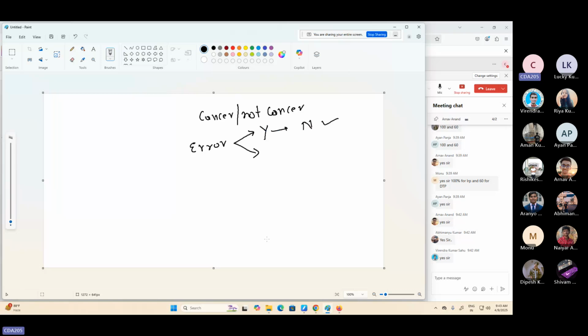Another one, it is telling that if a person doesn't have cancer and the model is predicting that it has a cancer, it is another type of error.